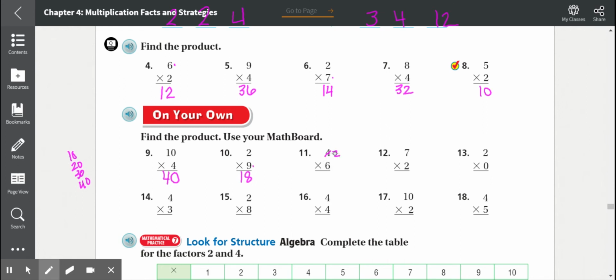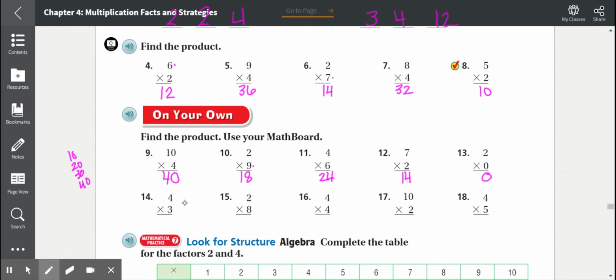Well, 6 times 2 would be 12. Then what would be 12 plus 12? 12 plus 12 would be 24. 7 times 2 is just doing 7 plus 7. And 7 plus 7 is 14. 2 times 0. Do you remember anything times 0 equals 0?